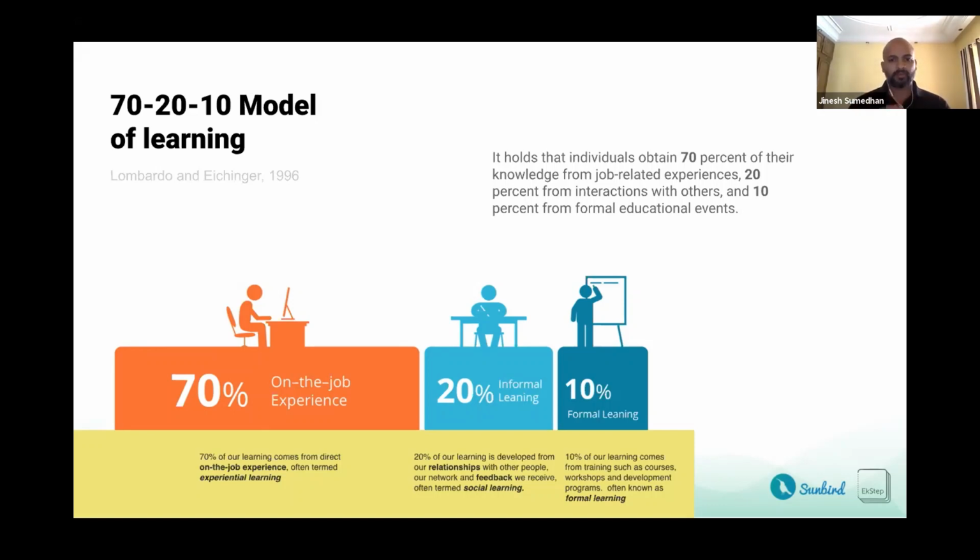It comes through your interaction with your peers, your colleagues. You actually learn from others. And then we have 70% learning, which is the experiential learning aspect. This is what you gain while on the job, the experience in your day-to-day work. The 70% is called experiential learning, whereas the 20% is called social learning.